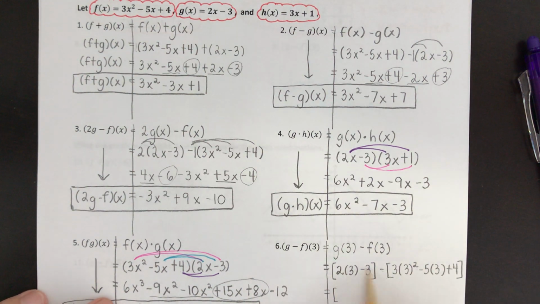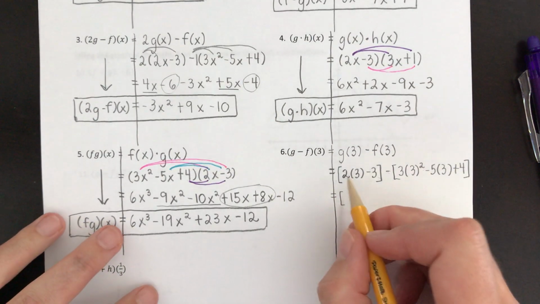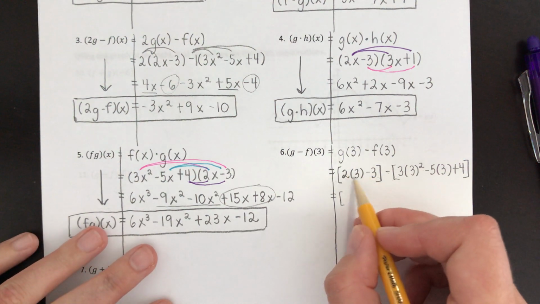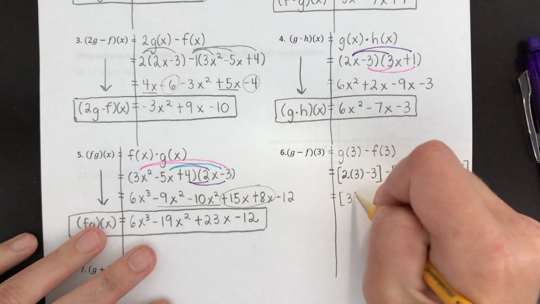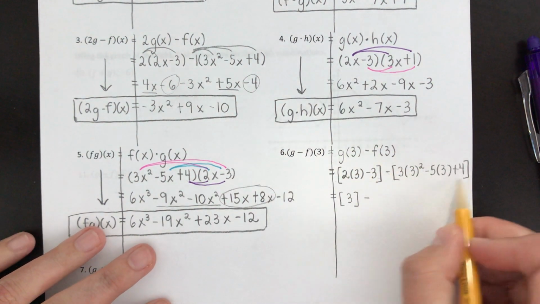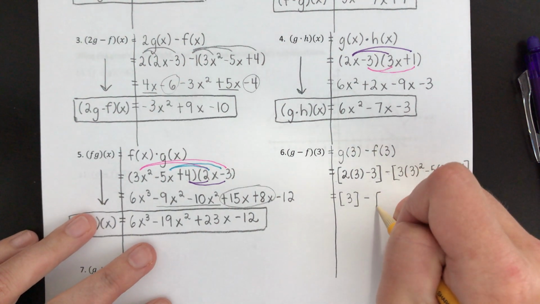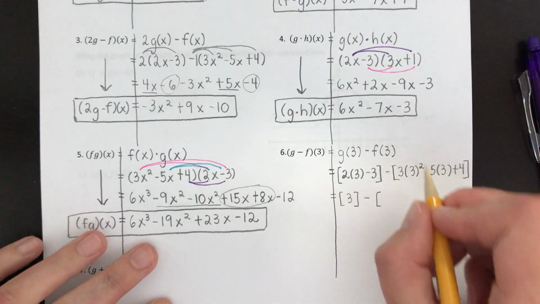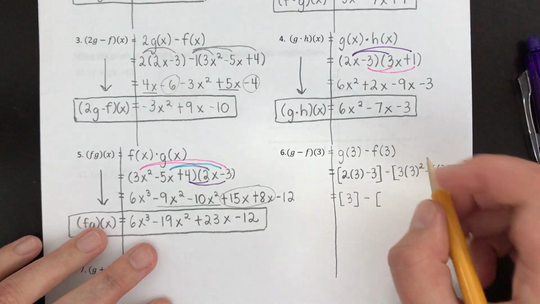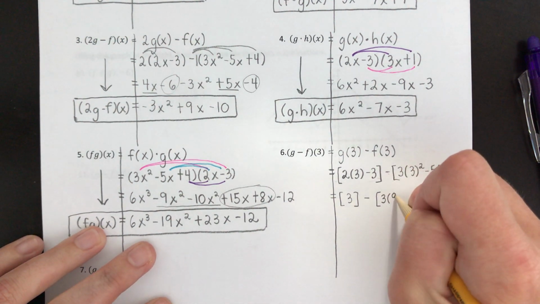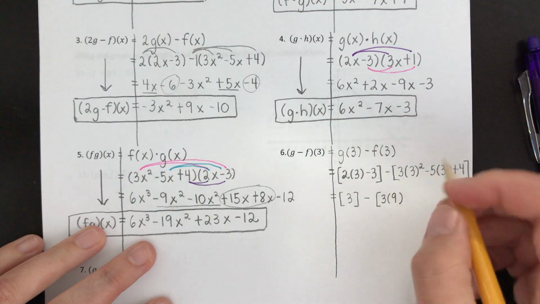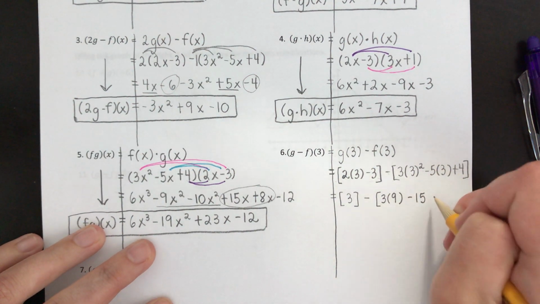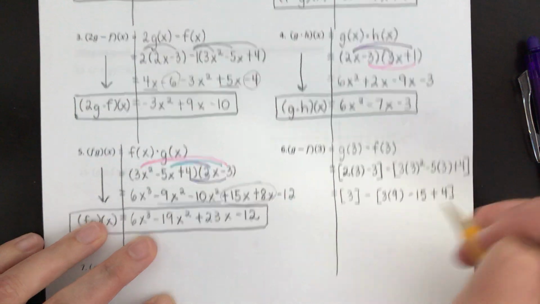Okay, so here let's just evaluate this. So this is going to be 2 times 3 minus 3, so that's 6 minus 3, which is 3. Minus, and here I must follow order of operations, and since I have this exponent here in this term, I need to take care of that first. So 3 squared is 9, so I'll have 3 times 9, and then here I can go ahead and multiply that to be negative 15 and drag down the plus 4.